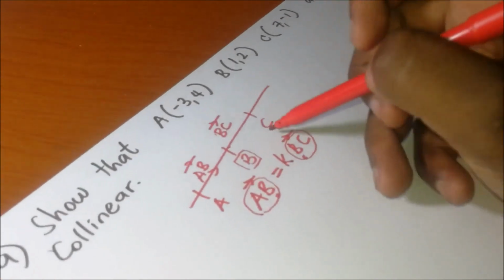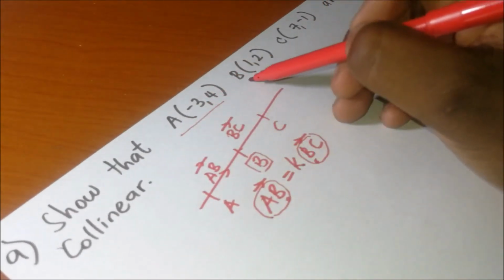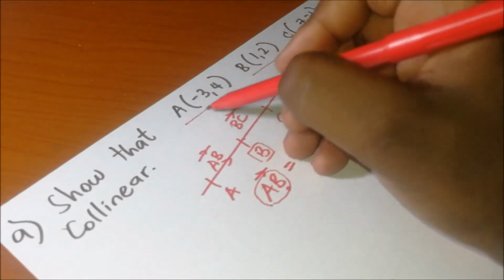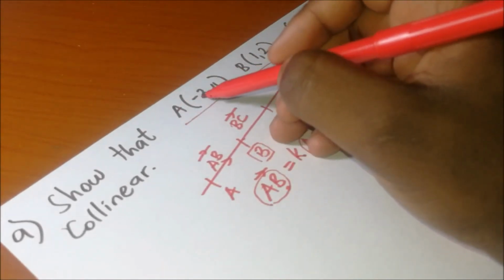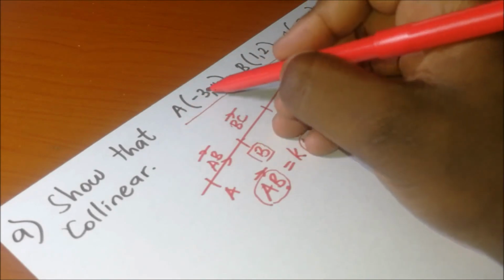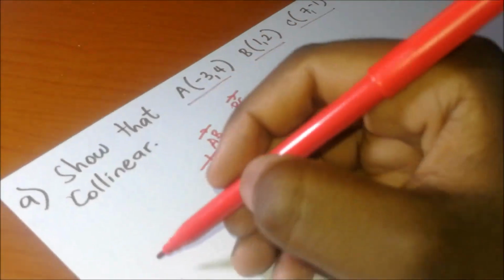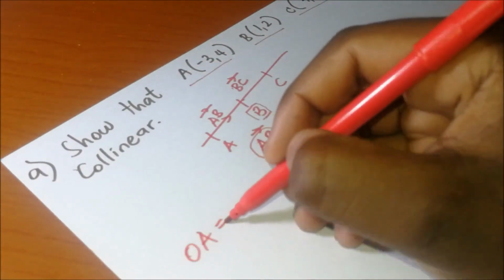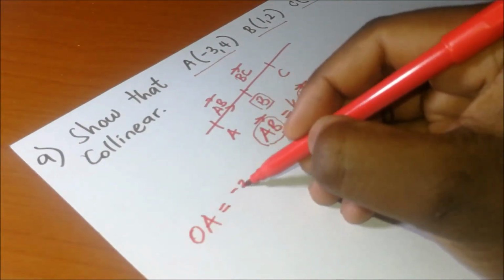For us to find AB, we only have coordinate points A, B, and C. So we need to first find the position vector of A. If our coordinate point A is -3, 4, it means the position vector for A is OA, being given as -3, 4.